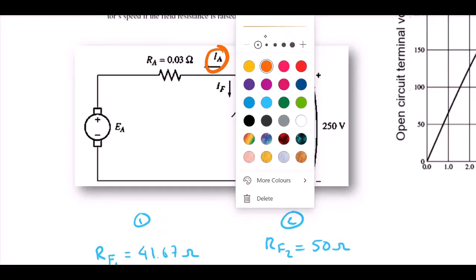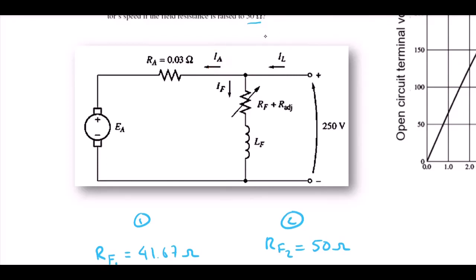Then we've got RA here, the armature resistance, and then the internal generated voltage here, while the voltage across here is the same as VT, because this node is actually connected to the terminal nodes on the right hand side here.